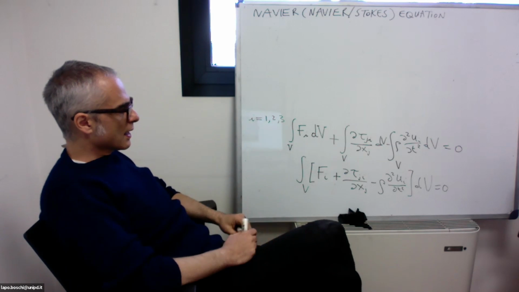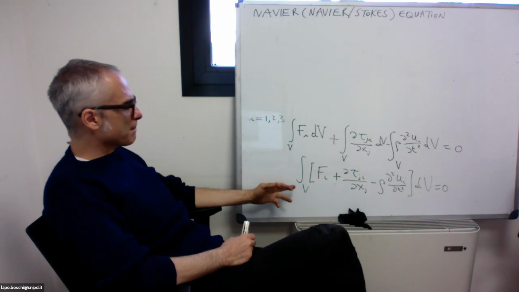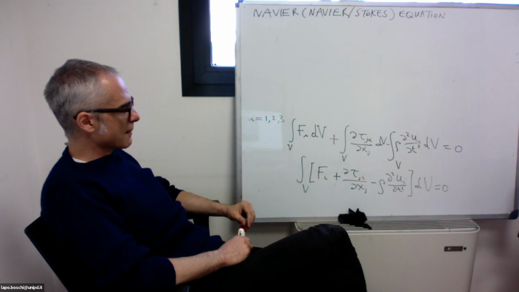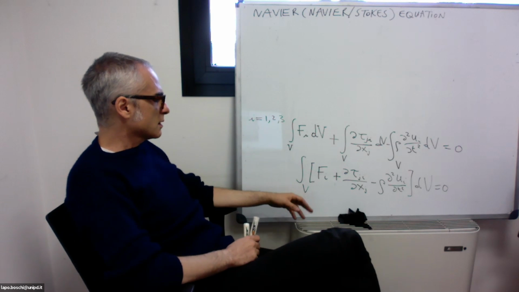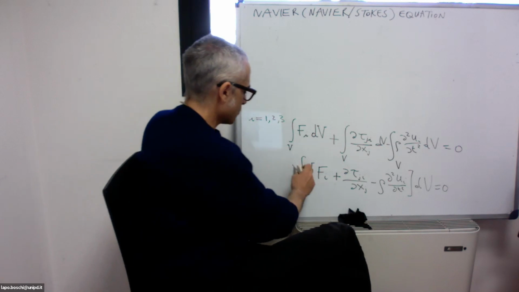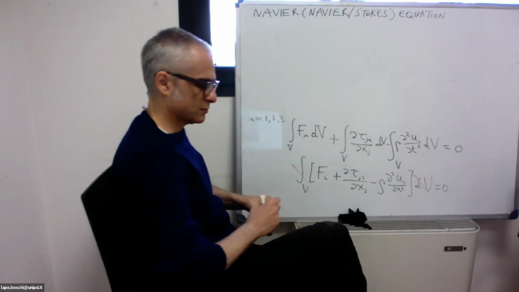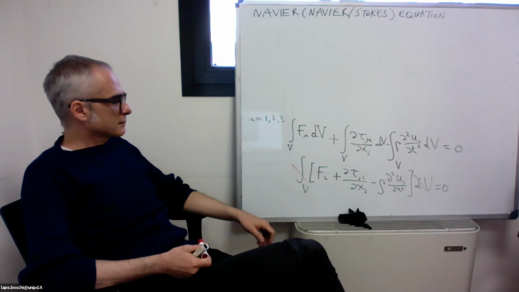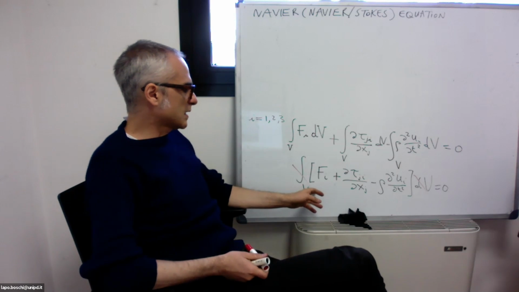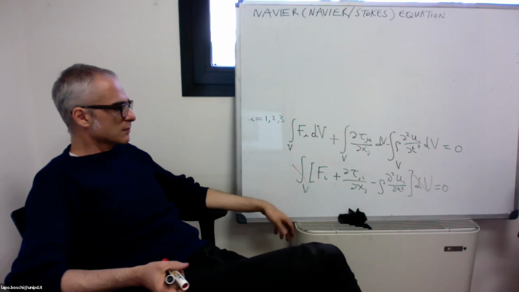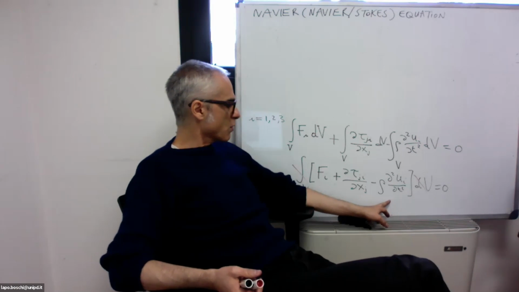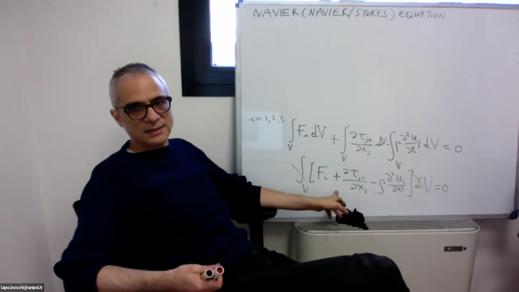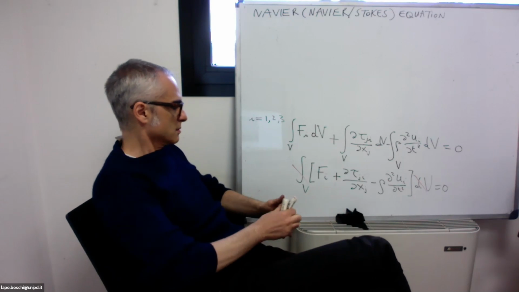So this implies that we can basically think of an arbitrary small volume so that we can get rid of the integral. If the v goes to 0, ultimately the requirement that the integral is 0 is the same as the requirement that the integrand is 0.